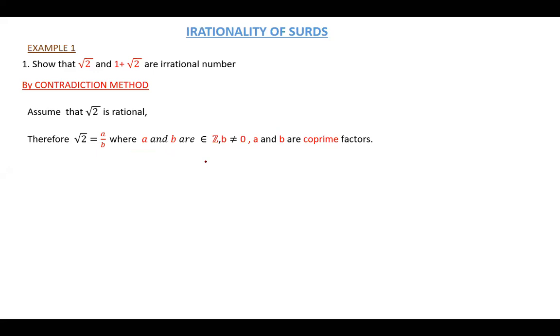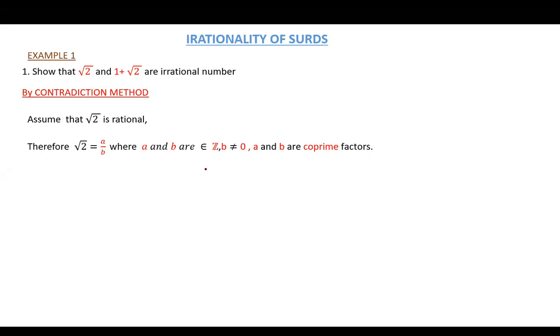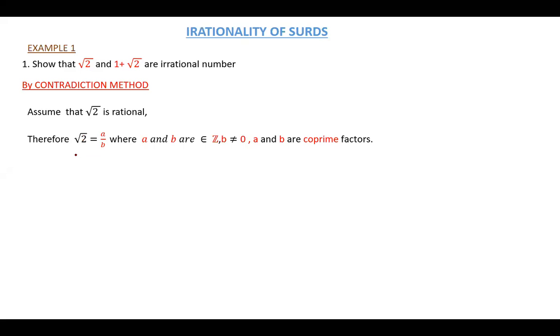So from here, you are going to take this part here. I'll write it here. The root of 2 is equal to a over b.